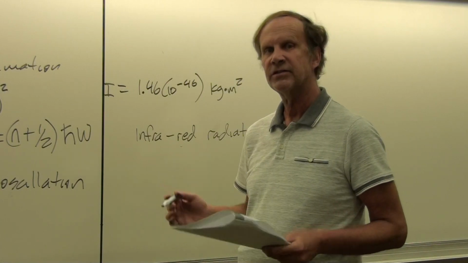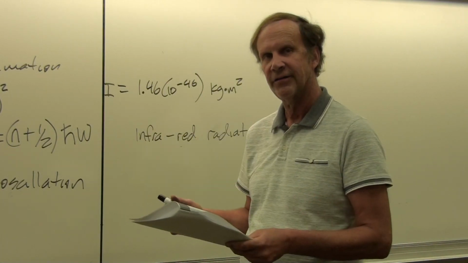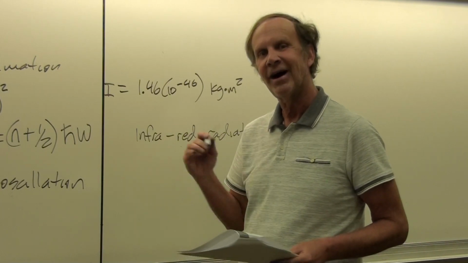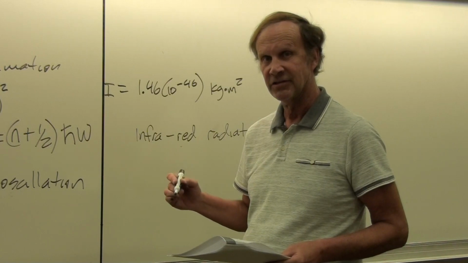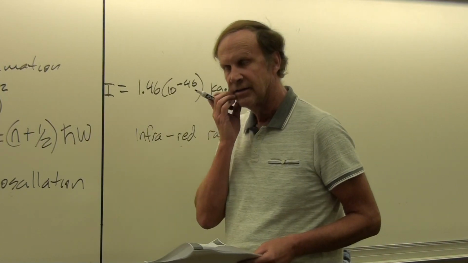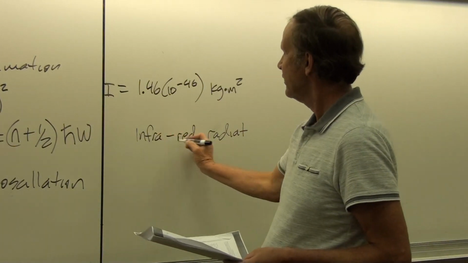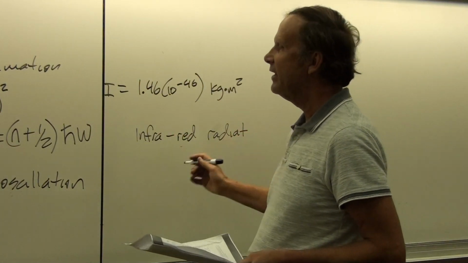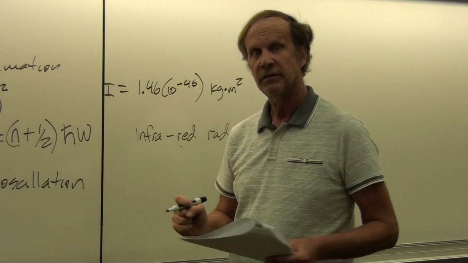Okay, and so that's what makes a microwave oven work, is that you put food in a microwave oven that has water in it. Then the water molecules are also excited into their rotational states by the photons that are produced by the microwave oven. But you go to higher energies, and then it's the vibrational states that are absorbing.